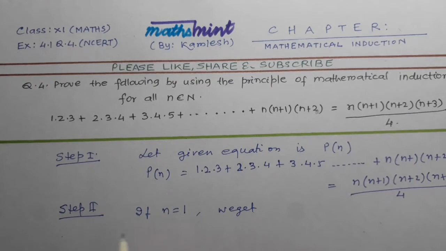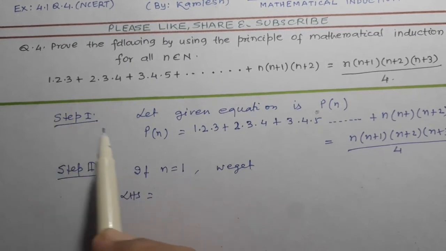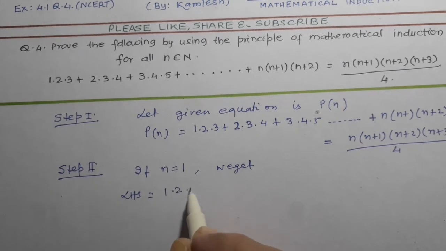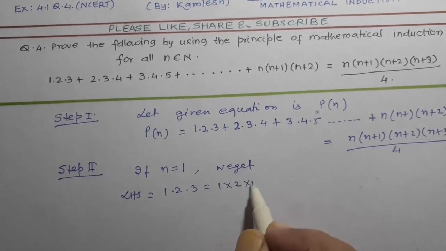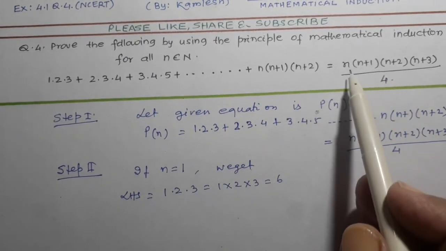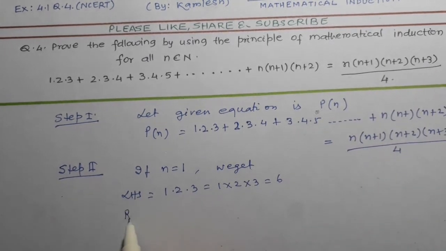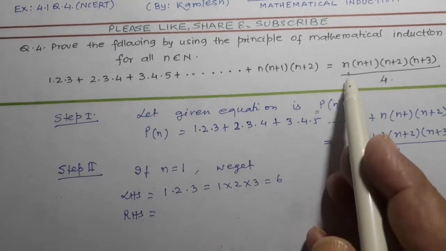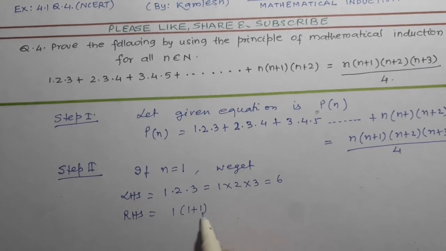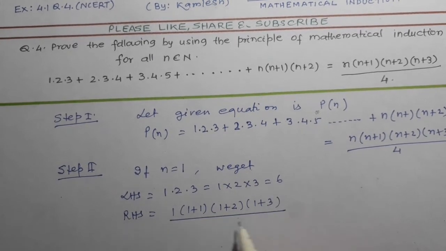LHS will be the first term, 1.2.3, means 1 into 2 into 3, it will be 6, and RHS will be this one, so at the place of n we shall write 1 into 1 plus 1 into 1 plus 2 into 1 plus 3 by 4.